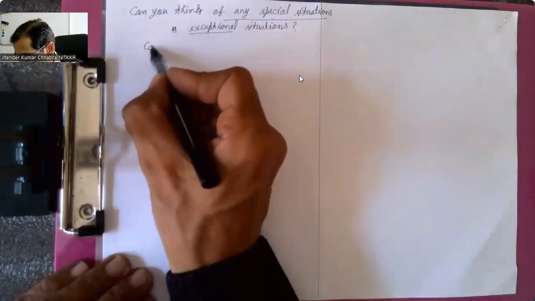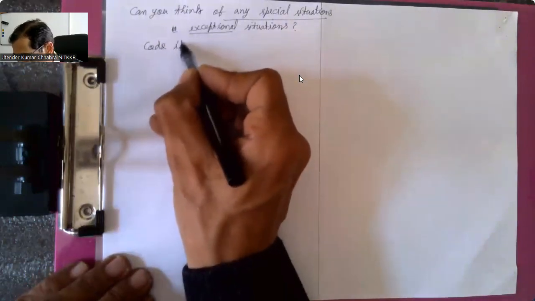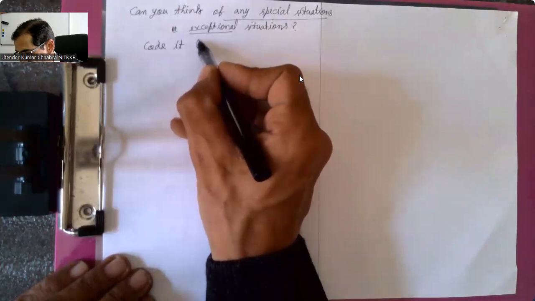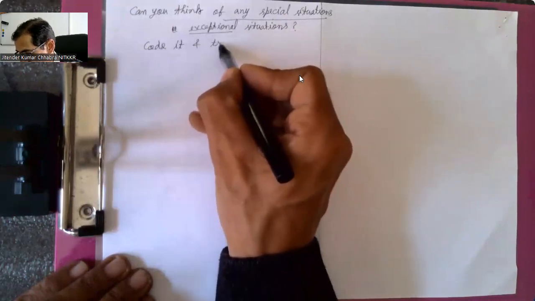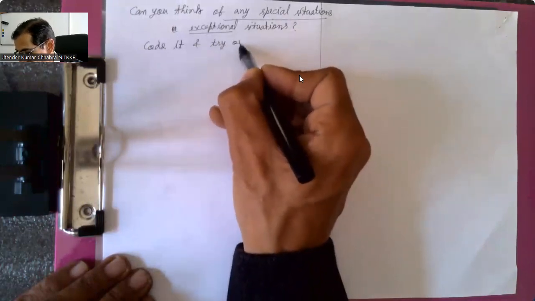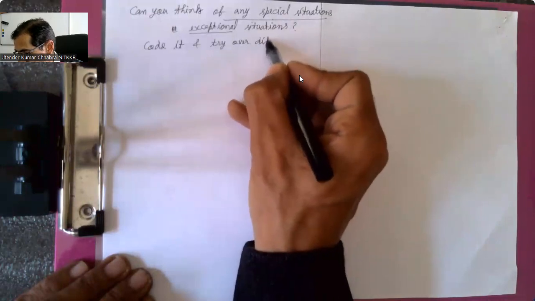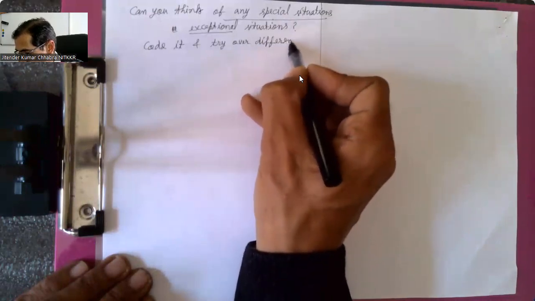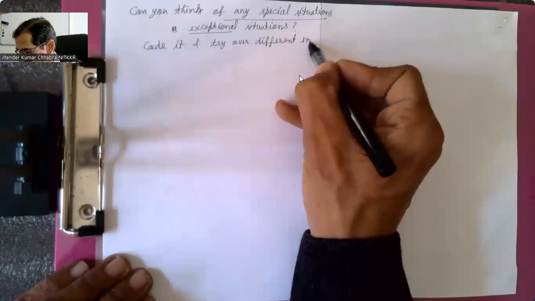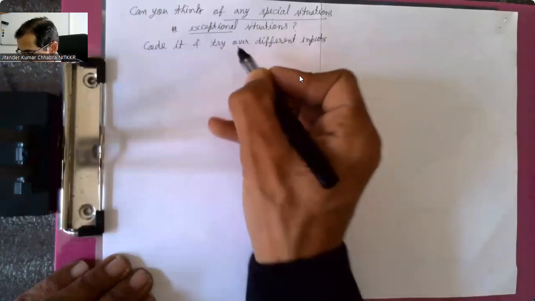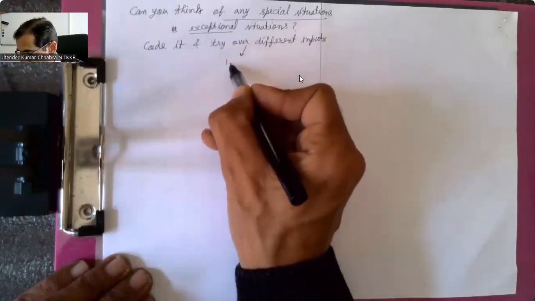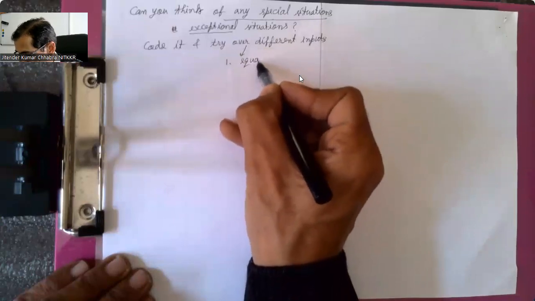So code it yourself and try to run it for various inputs and check that. So try over different inputs. Always check your program for all different cases. Different inputs definitely mean you should check for equal degree.